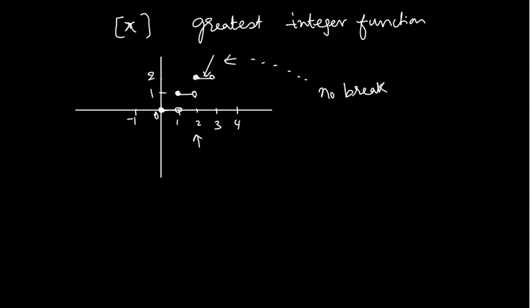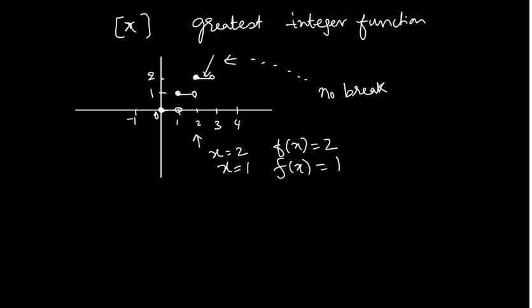But when we are coming at x equal to 1, f of x equal to 1. If I take x equal to 1.5, that means anywhere here, 1.5 also, f of x is equal to 1 only.